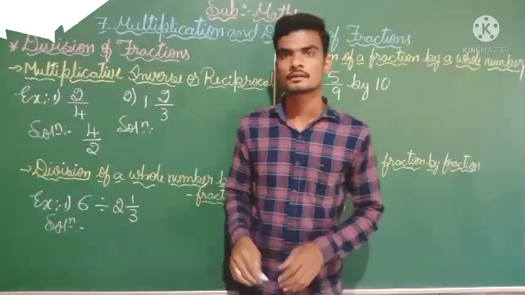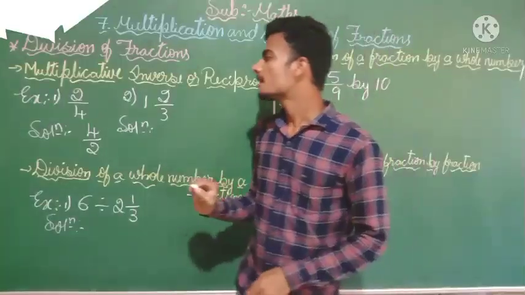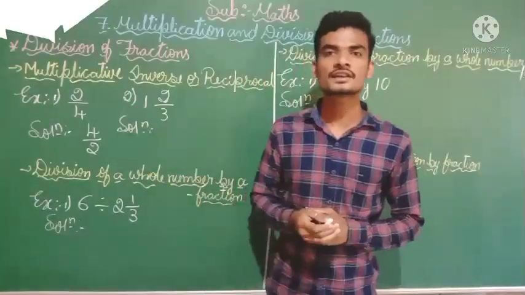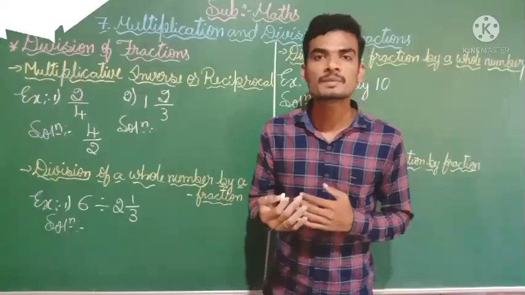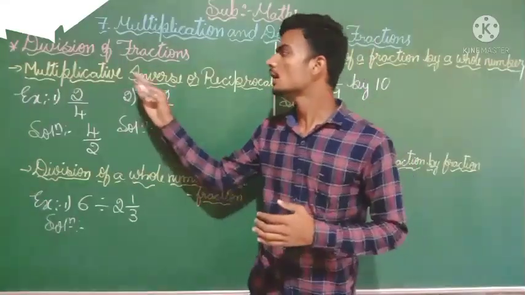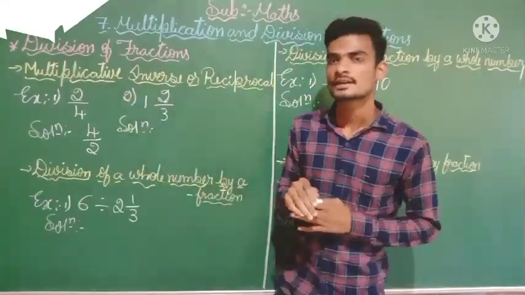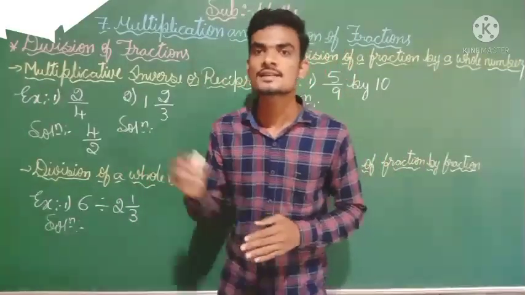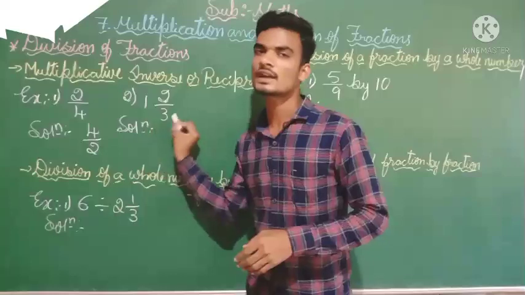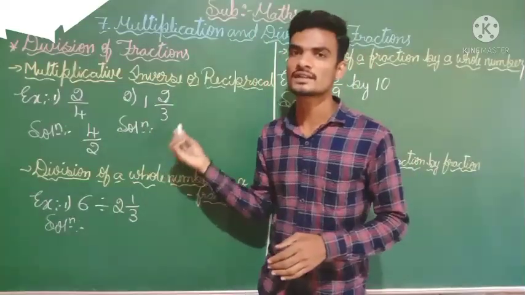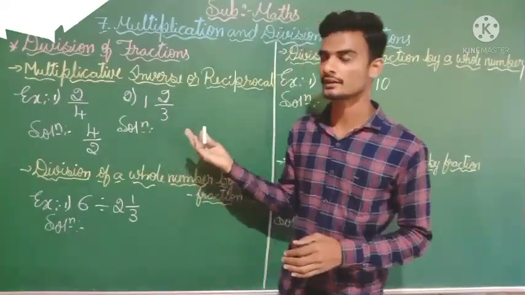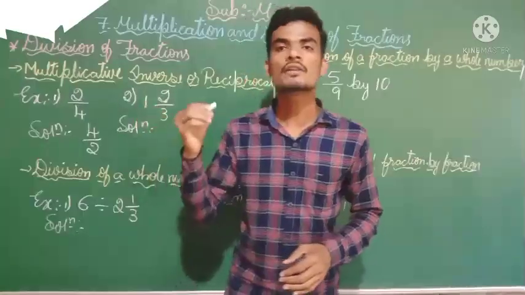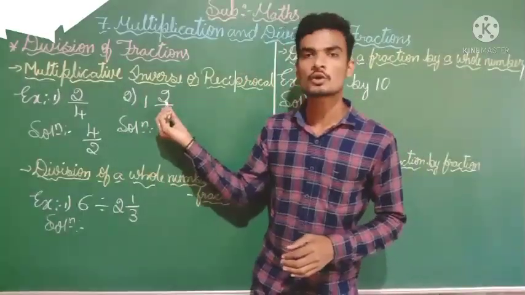Dear students, now let us see one more example. If a mixed fraction arises, how do we convert that mixed fraction into a reciprocal or a multiplicative inverse? You know that if a mixed fraction arises, we want to convert that mixed fraction into an improper fraction. So how to convert this mixed fraction into an improper fraction?